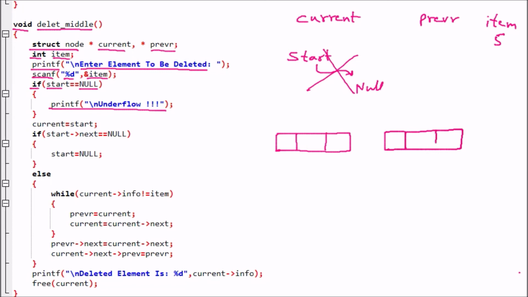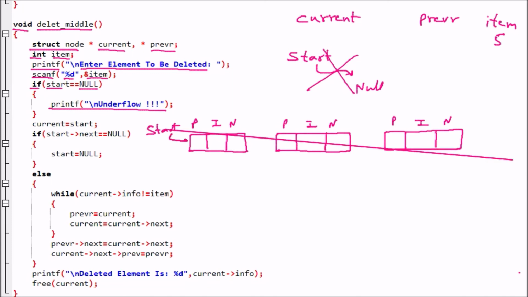Let us suppose that this is node 1, this is node 2, or maybe we can take 3 nodes if you want. So 3 nodes are there. Previous info next, previous info next, and again previous info next. The start is pointing to the first node, then next is pointing to the next node, next is again pointing to next, and the last next is pointing to null.